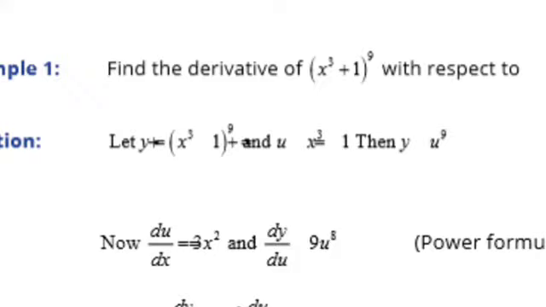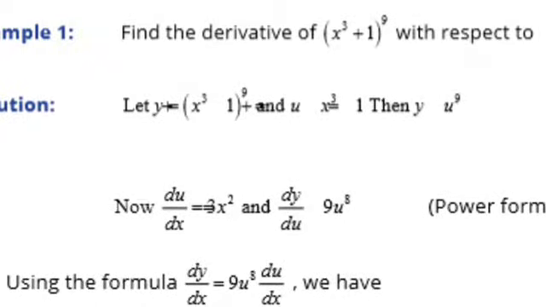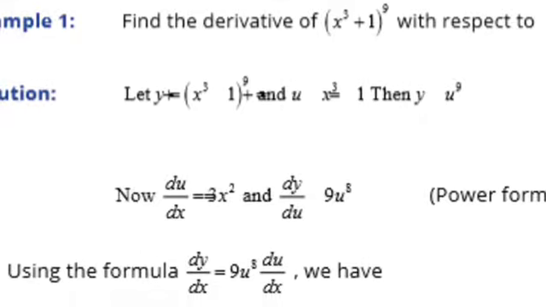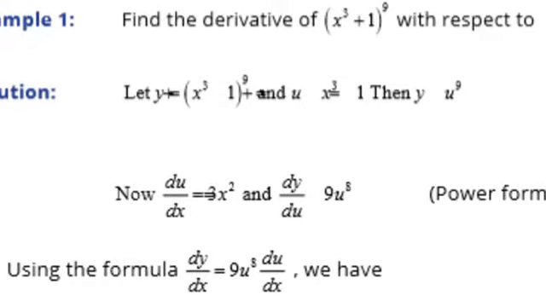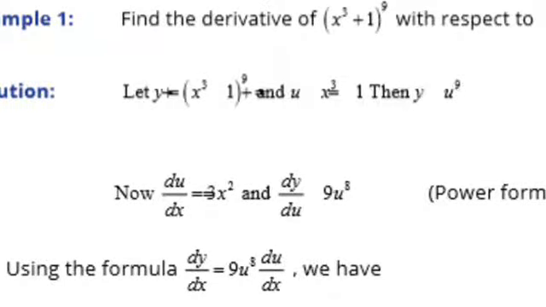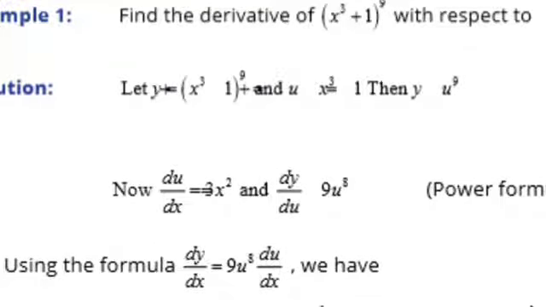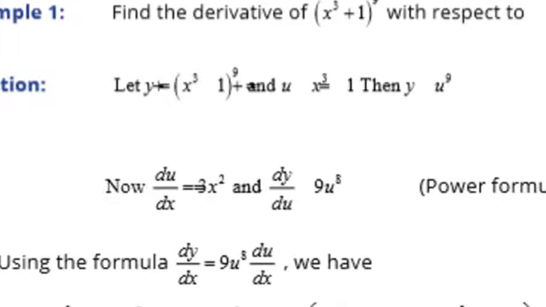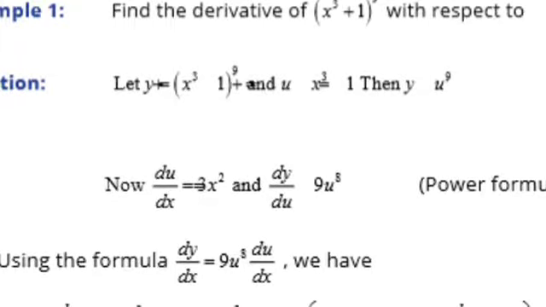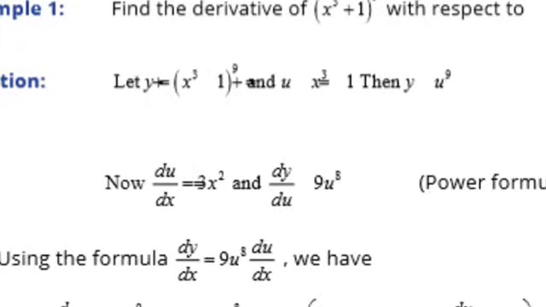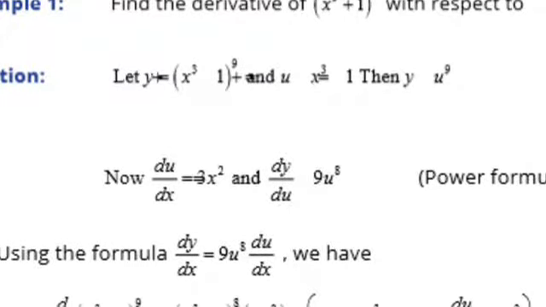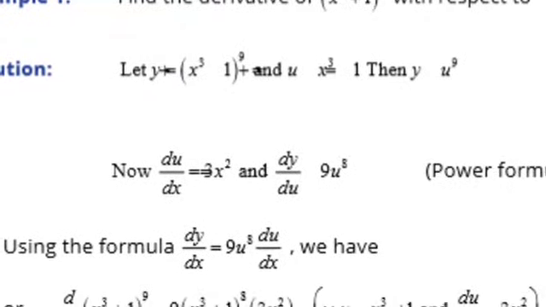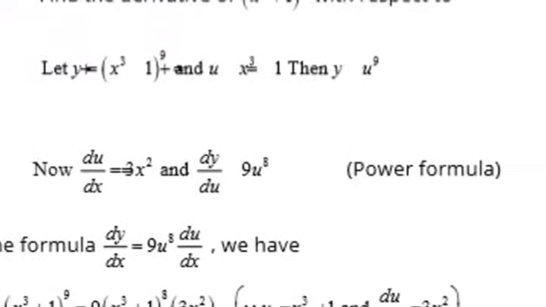In the first equation we have u equal to x cube plus 1, so we differentiate with respect to x. It becomes du by dx is 3x square, the derivative of x cube being 3x square. And the derivative of y equal to u raised to power n with respect to u is 9 u raised to power 8.